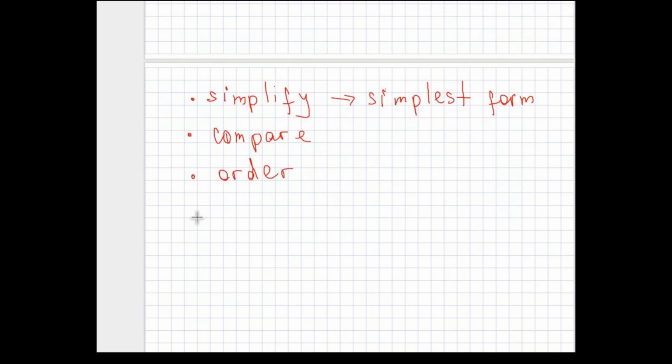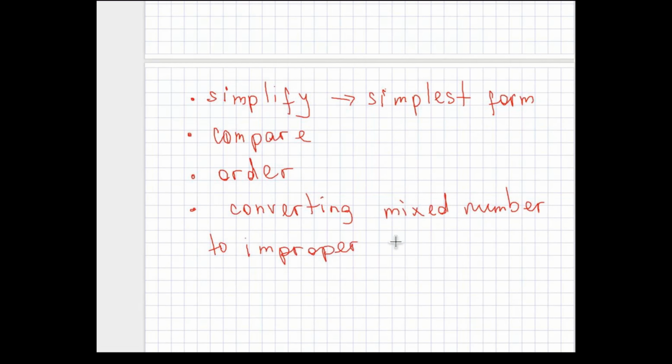And then we learn about converting a mixed number to an improper fraction, and vice versa.